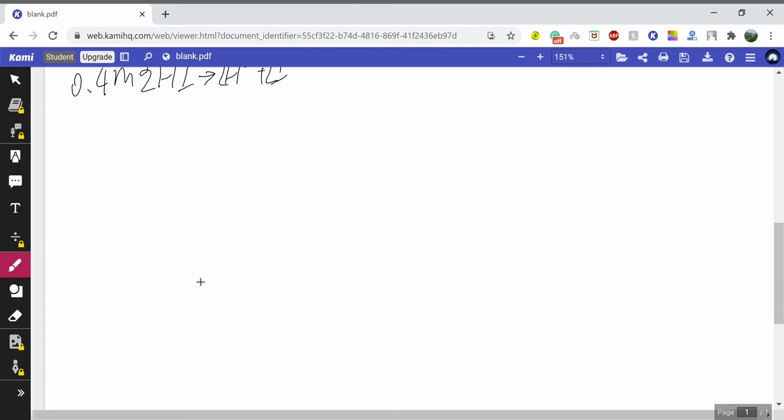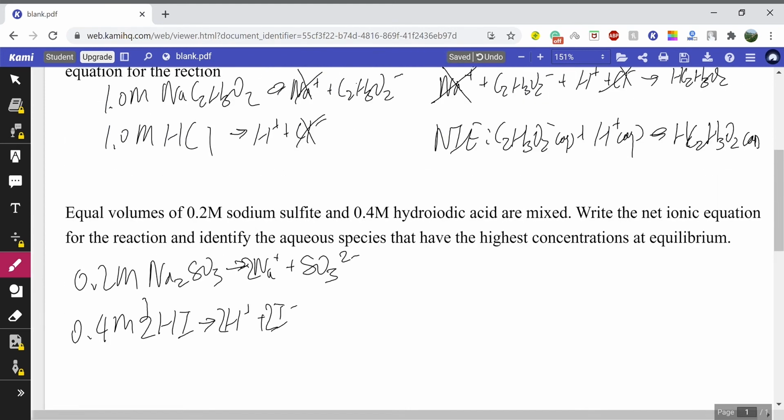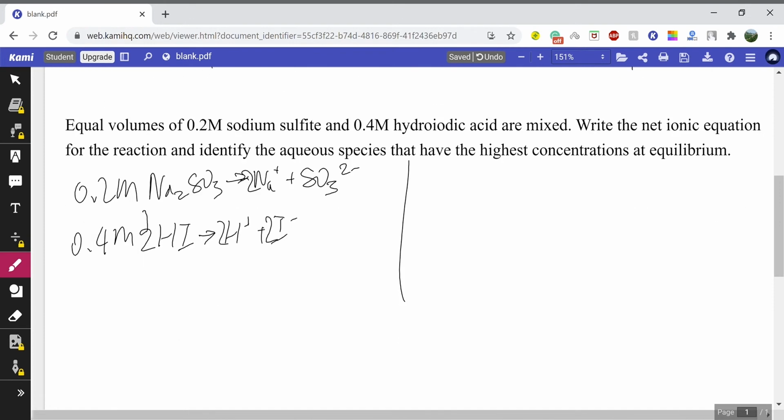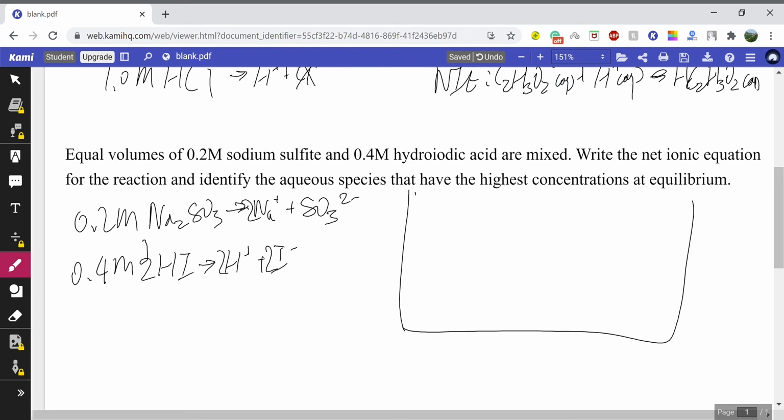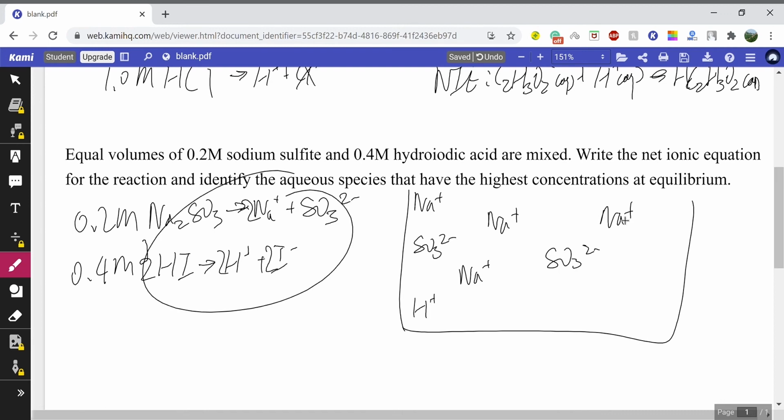Now let's draw a giant beaker to show you what is going on in the solution. First, let's put everything in, two of each. So 4 Na pluses, 2 SO3 2 minuses, 4 H pluses, and 4 I minuses.